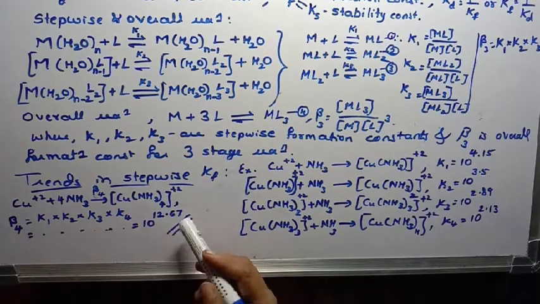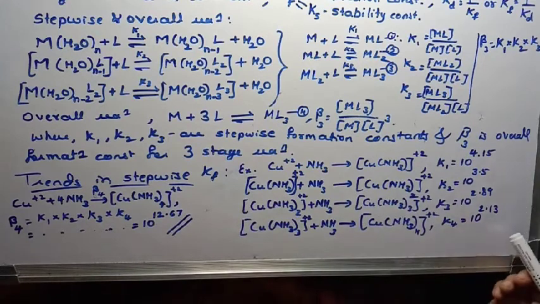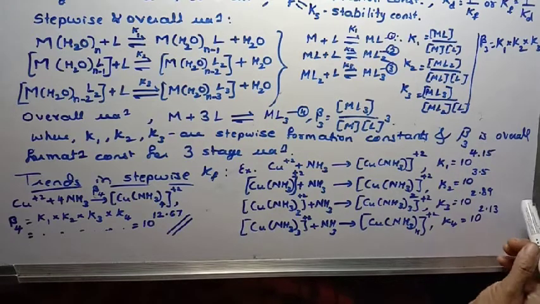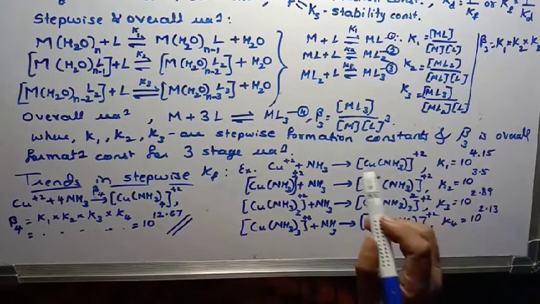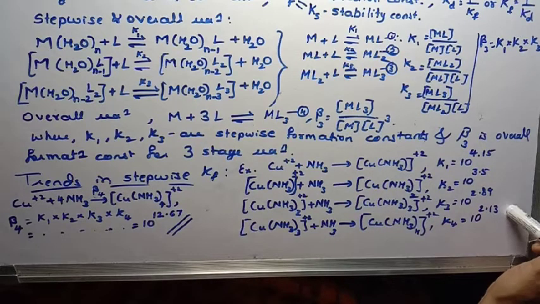Okay, if you look at the values, there is a decrease, and there are certain reasons for this decrease in formation constants in each step as you move further. The factors that cause the decrease in formation constant are, one, the statistical factor, second, the steric factor, and the third, the electrostatic factor.